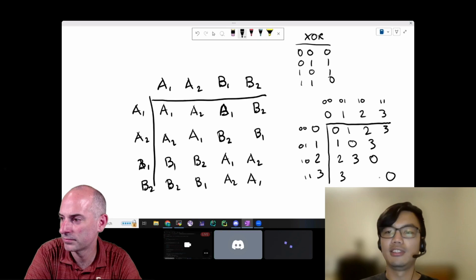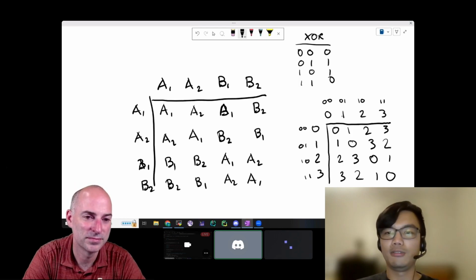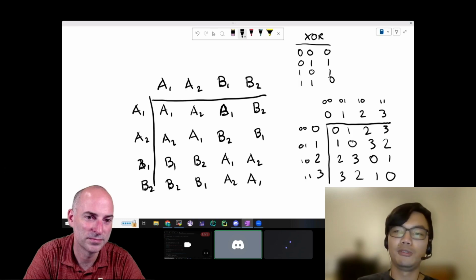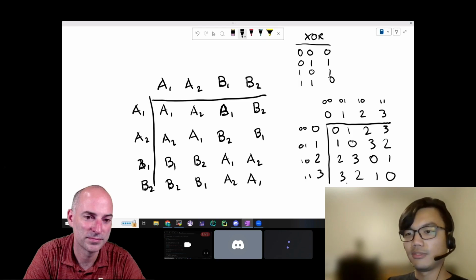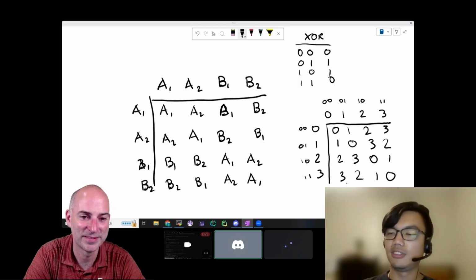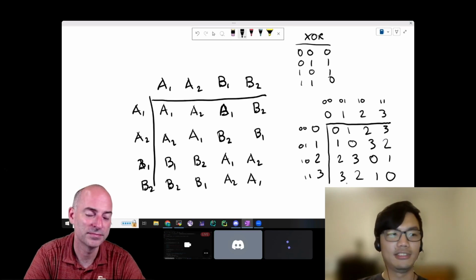This is also 3. And this is going to give you 1 and 1 and 2 and 2. If you map 0 to A1, 1 to A2, 2 to B1, and 3 to B2, you get the exact same table. Amazing, that's very useful for keeping track of symmetries.